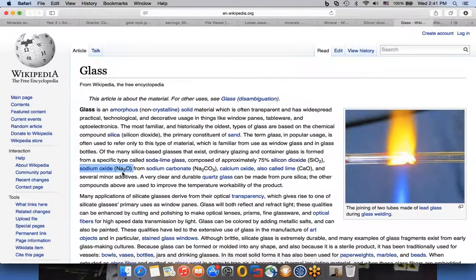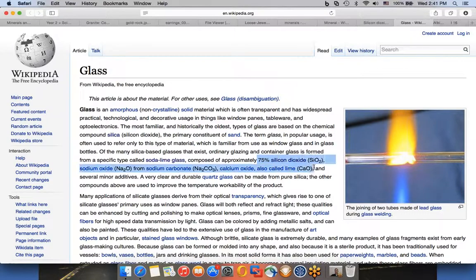Na is sodium, all right, so Na2O: two atoms of sodium, one of oxygen. And sodium carbonate, Na2CO3: two atoms of sodium, one atom of carbon, and three atoms of oxygen. Calcium oxide, CaO, that is one atom of calcium and one of oxygen, also called lime, all right? So calcium oxide is lime.